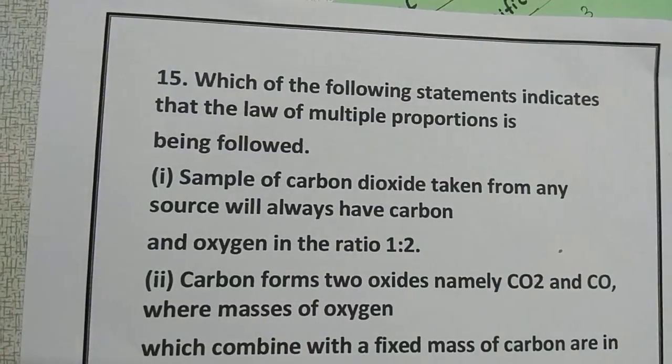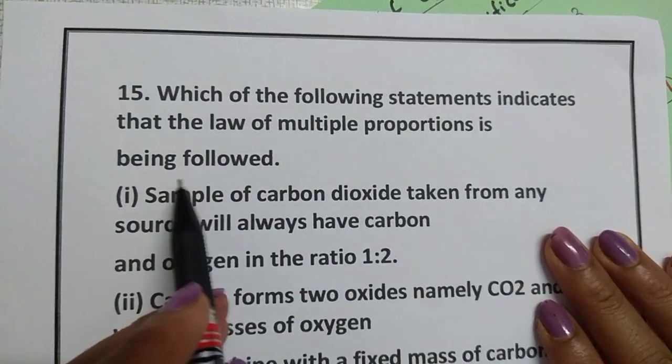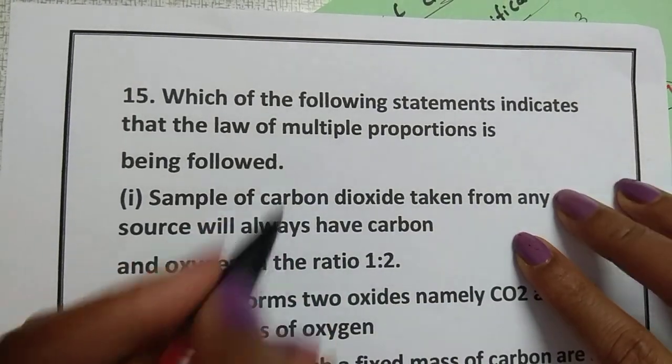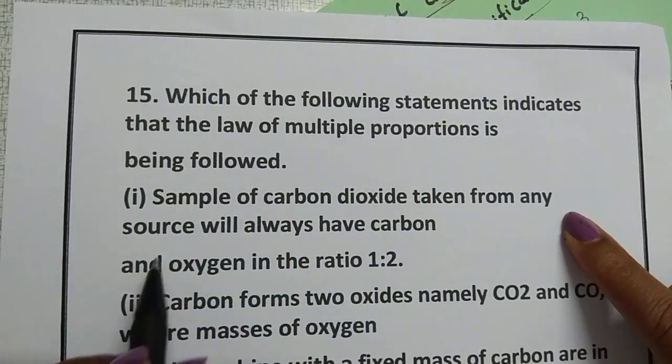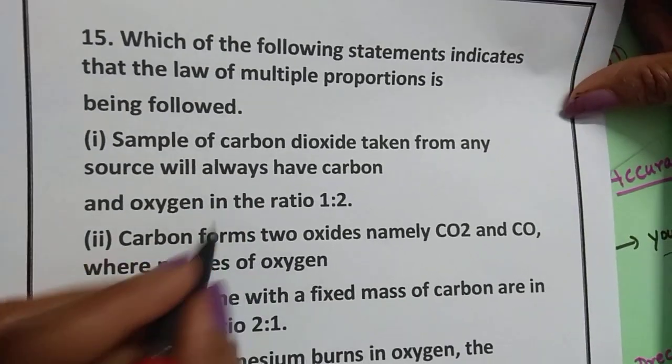And the next question is, which of the following statements indicates that the law of multiple proportions is being followed? A sample of carbon dioxide taken from any source will always have carbon and oxygen atoms in 1:2 ratio.